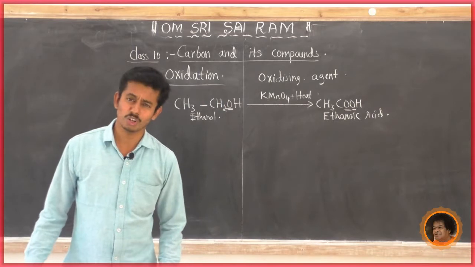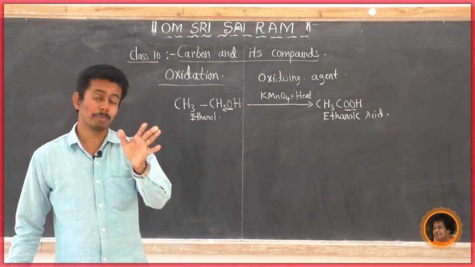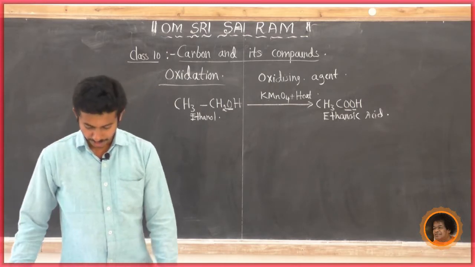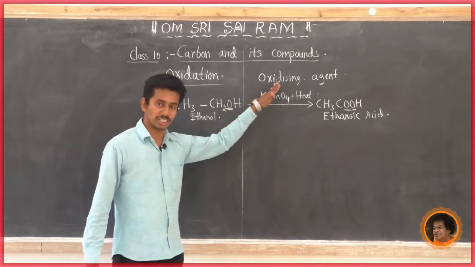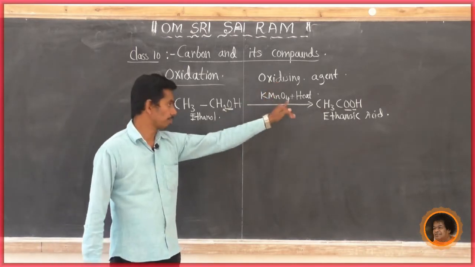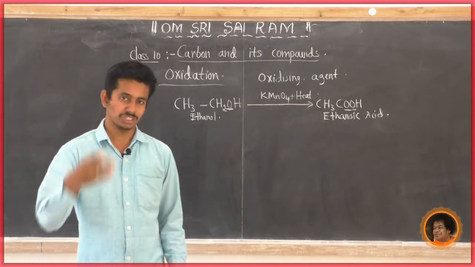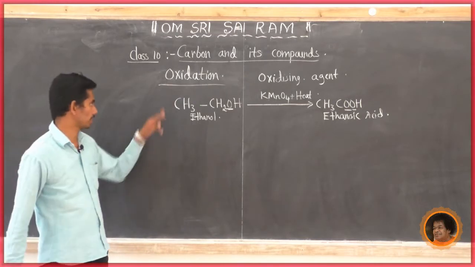Now tell me, what is an oxidizing agent? An oxidizing agent means a substance capable of adding oxygen to other substances. So potassium permanganate is an oxidizing agent. What is oxidation? Oxidation or oxidization, both are the same.